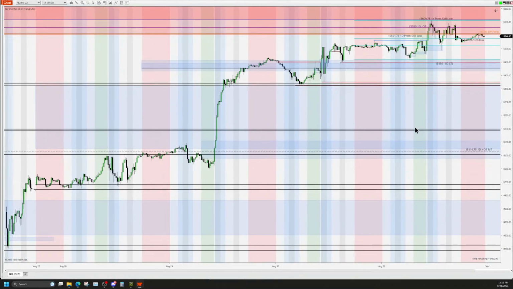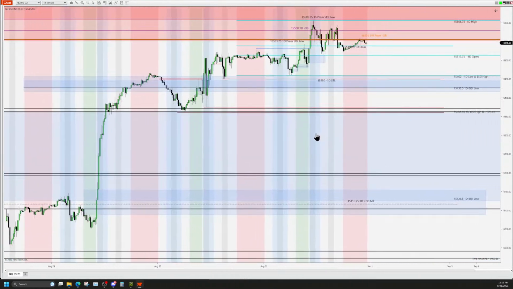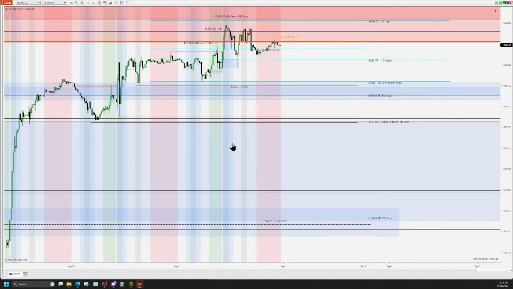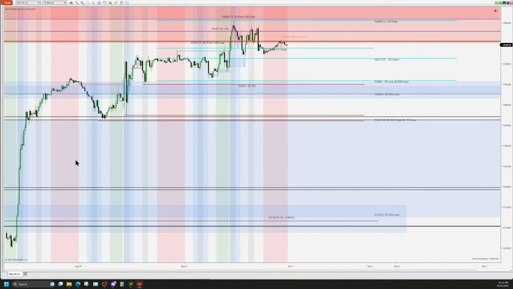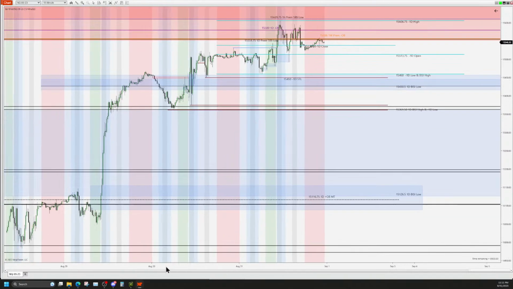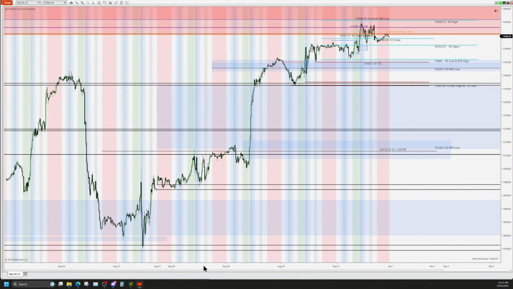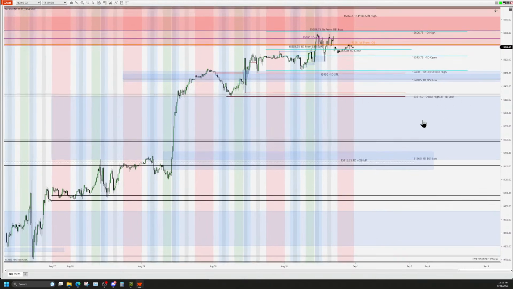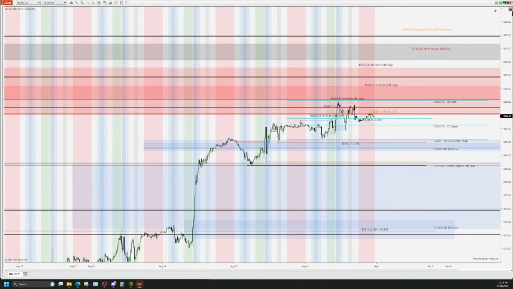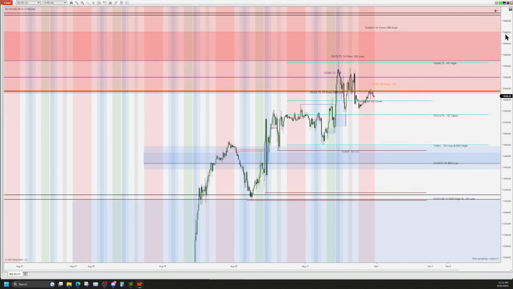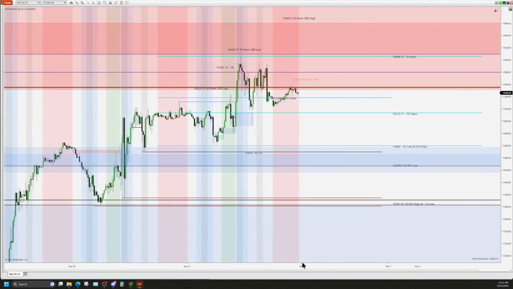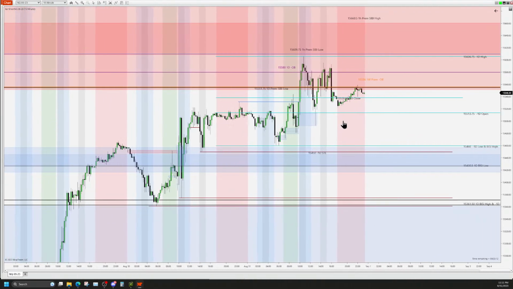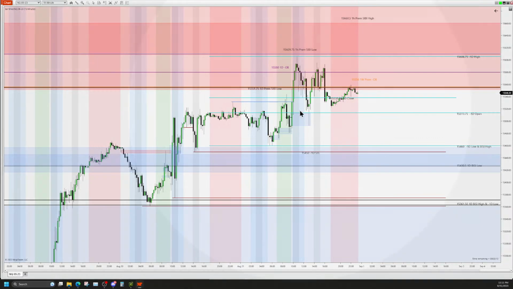So what's left? Let's take a look. On the downside, on the higher time frames, there's lots and lots of stuff down here. Anticipate that those could be very valid targets if it were to go down. On the 15-minute, you can see what's happened today.